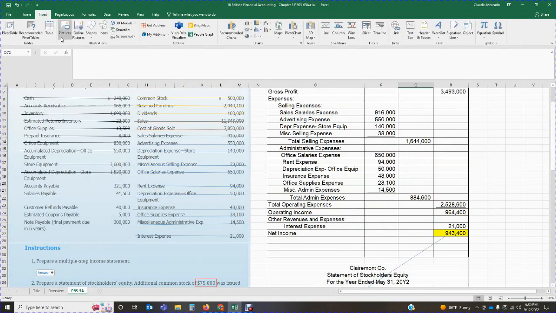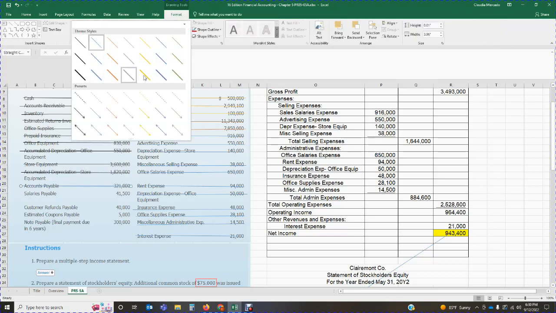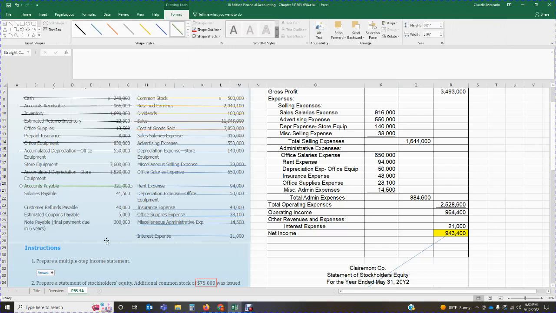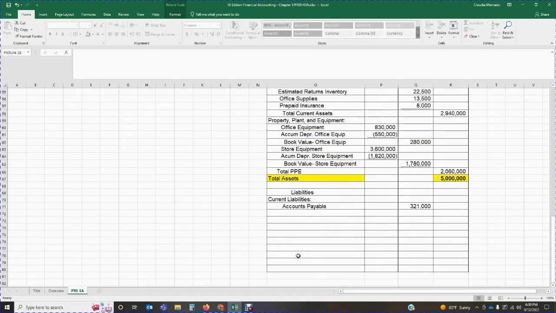Insert shapes. So we're going to mark off our accounts payable of $321,000. Now we also have salaries payable. And my salaries payable were $41,500.